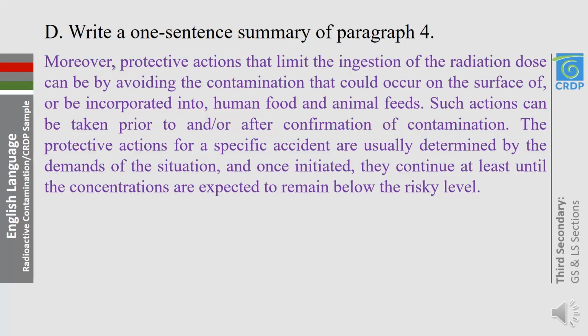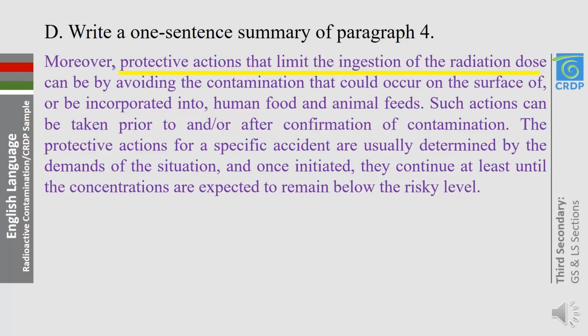Moreover, protective actions that limit the ingestion of the radiation dose can be by avoiding the contamination that could occur on the surface of or be incorporated into human food and animal feeds. So this is the first main point, the protective actions that limit the ingestion of the radiation dose. Let's read on.